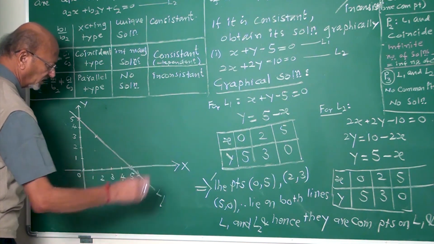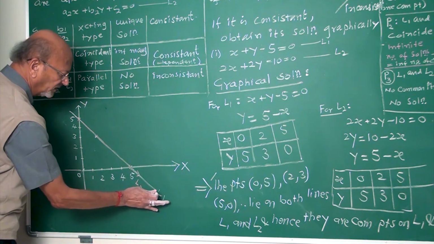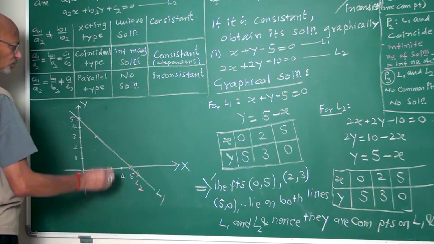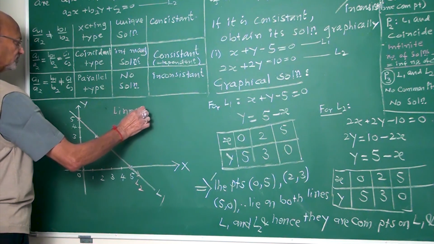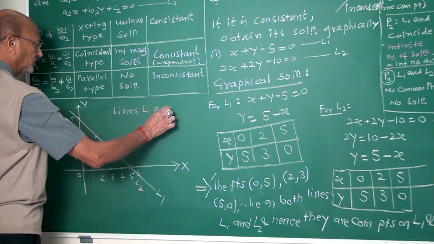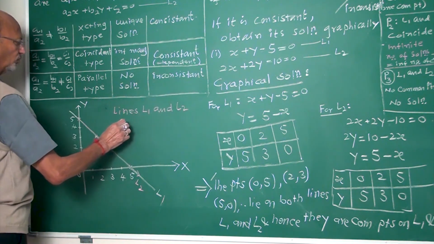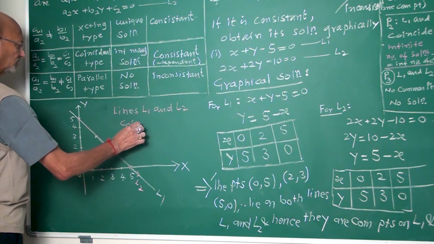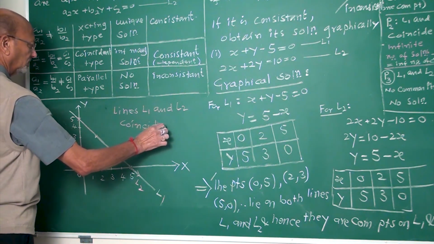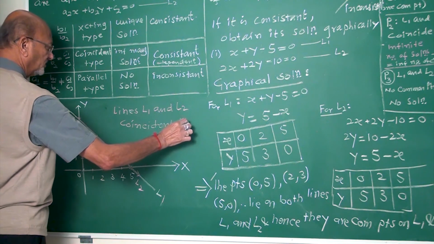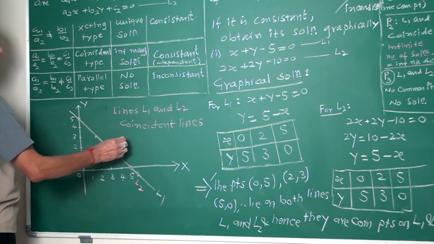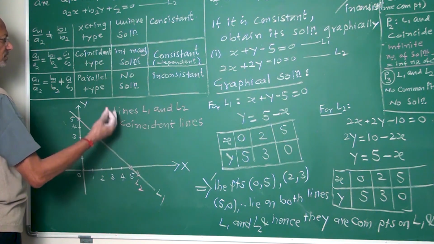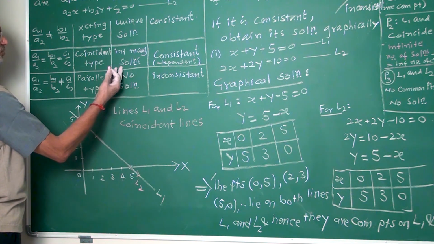This is L2. So, L1 and L2 coincide. So, lines L1 and L2 are coincident lines. Coincident lines have infinitely many solutions.